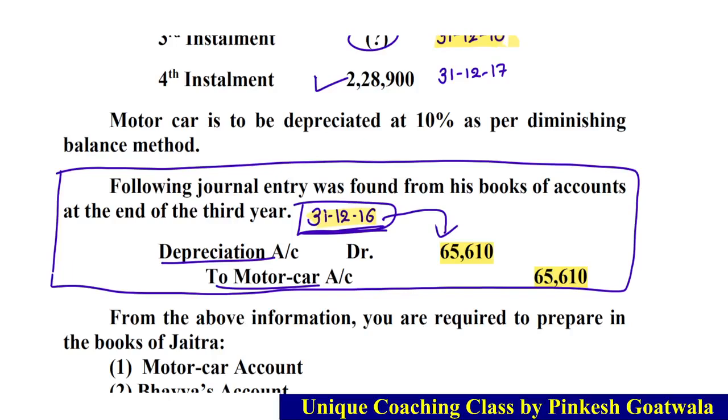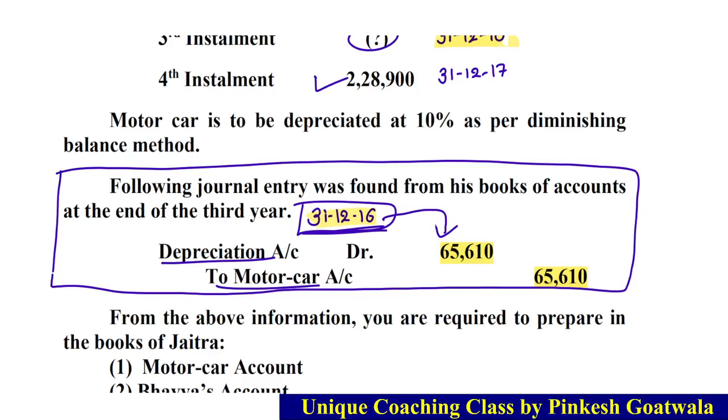Right? Clear? Remember, I told you, you have learned this point. It is not a new point. In standard 11 you have learned one chapter, depreciation accounts. Exactly what you learned there is the point that has come here. There is no new point.